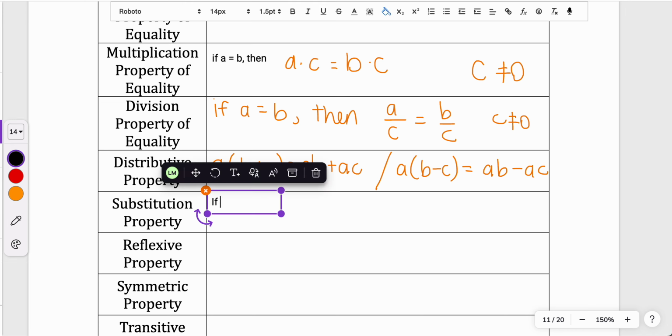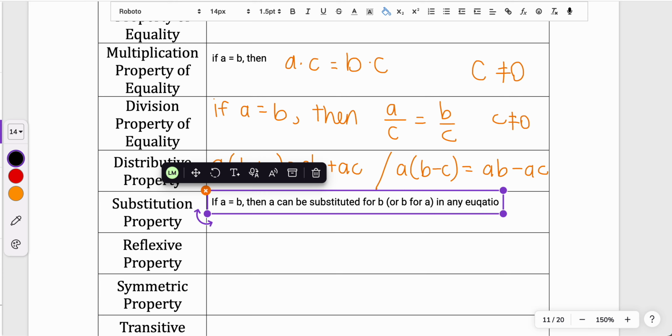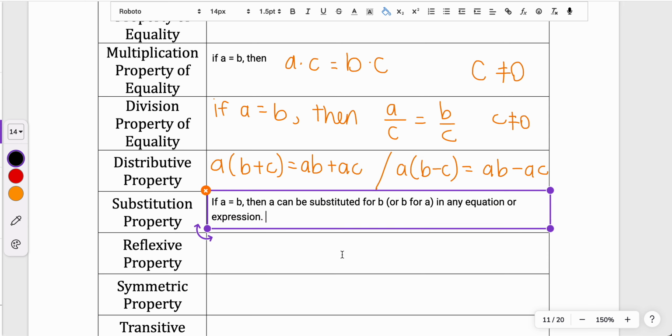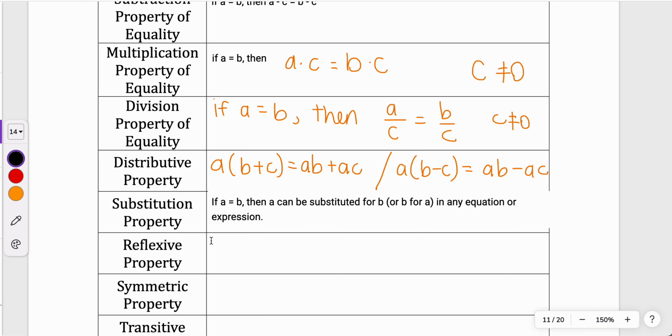If A is equal to B, then A can be substituted for B or B for A in any equation or expression. So that'll be true whenever we start to see a few later on, maybe not today, but for sure tomorrow when we do 3.4 day 2.